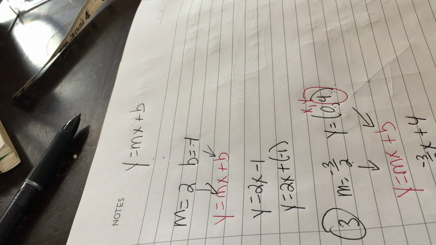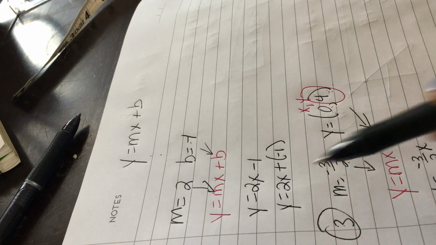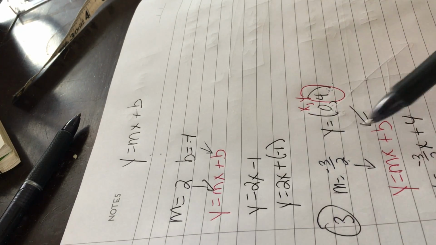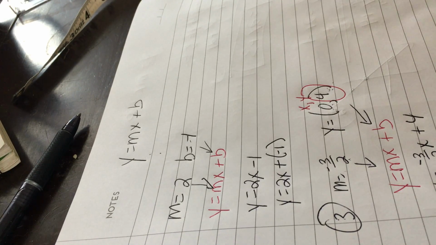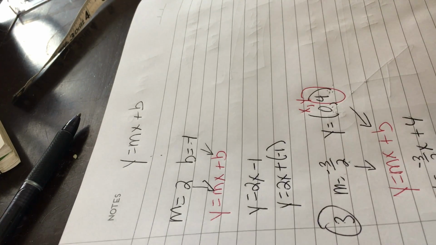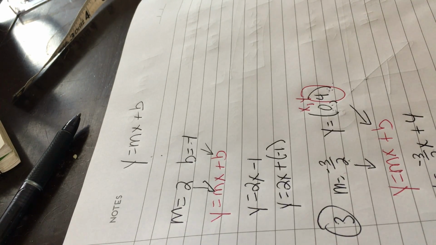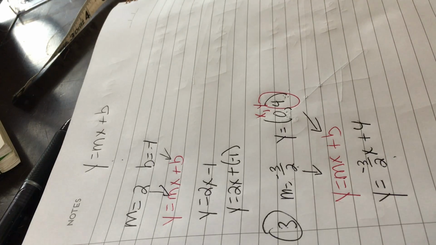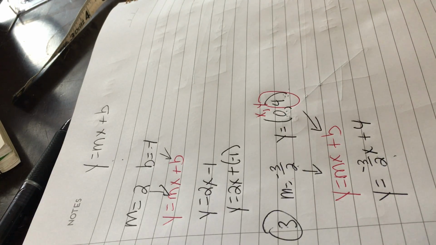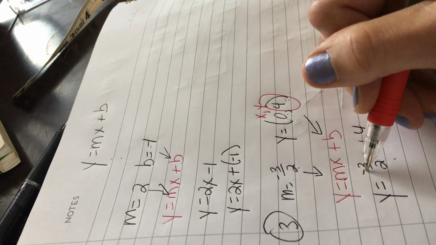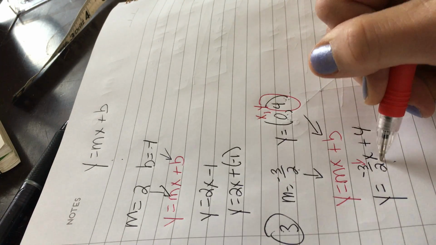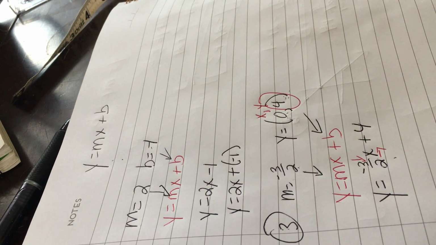Ta-da. Now, that looks a lot different than what we've been doing. We've had whole numbers before. Slope is rise over run, so there's going to be a lot of times where you do see fractions, because remember, our slope tells us the steepness of a line. So down 3, right 2.